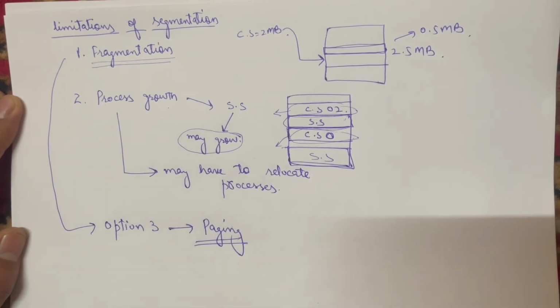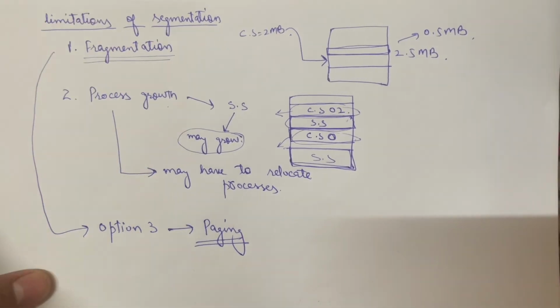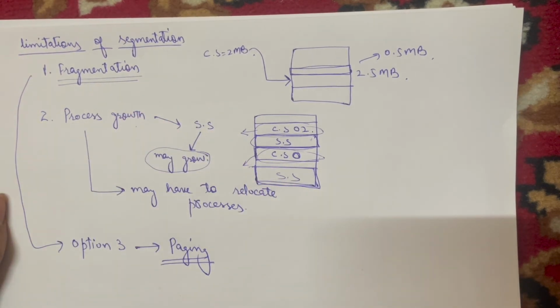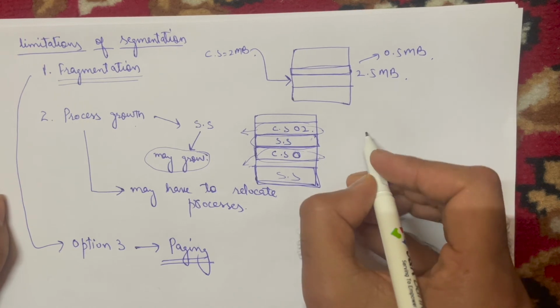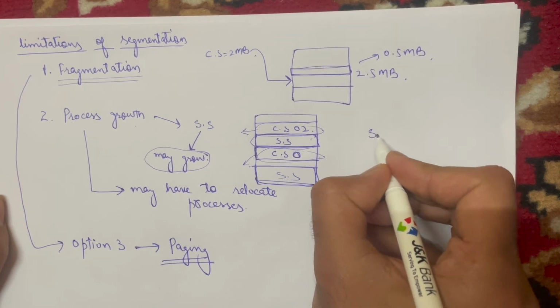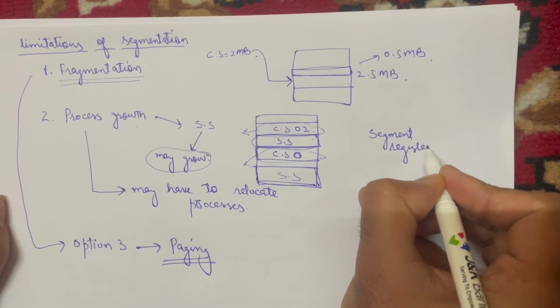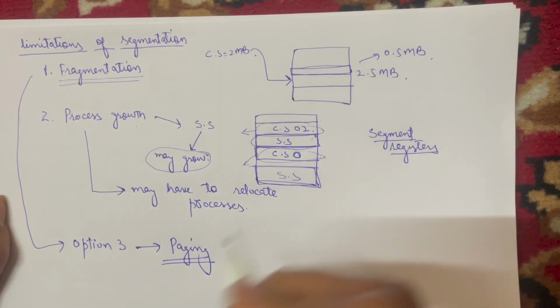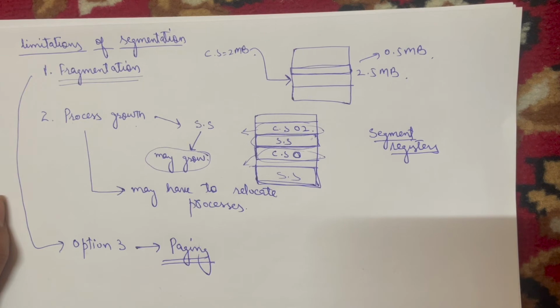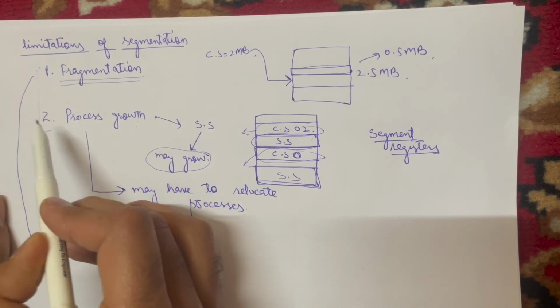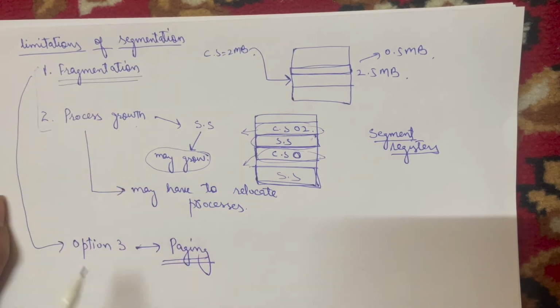But before discussing paging, you have to keep in mind that for implementing segmentation, we need some hardware support. For example, my processor should have segment registers, because I will be using those registers. Because of these limitations, we are moving from segmentation to paging.